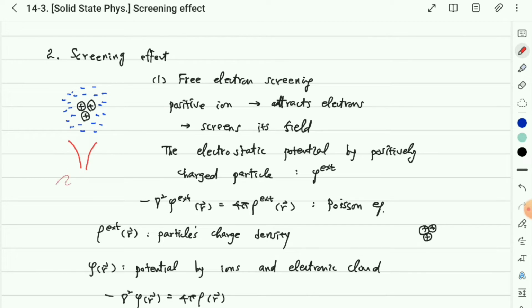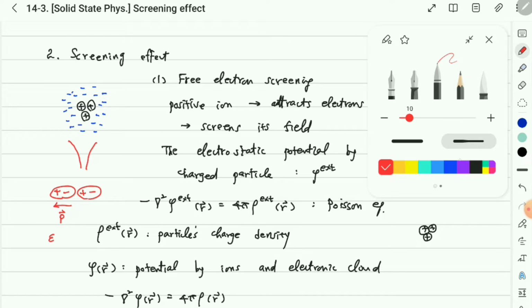The dielectric means that a plus and minus pair can be formed with a dipole moment direction. In this case, we define epsilon as the dielectric constant.